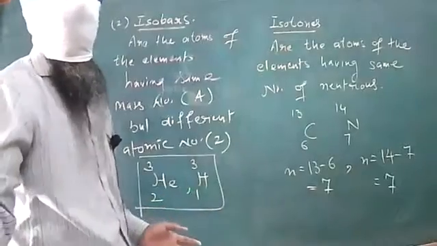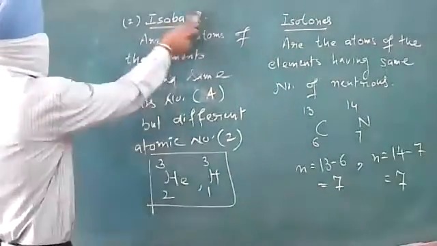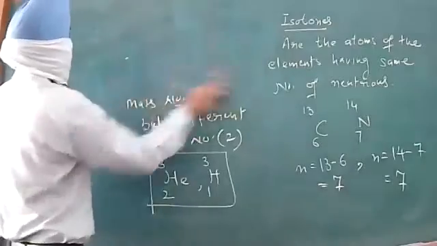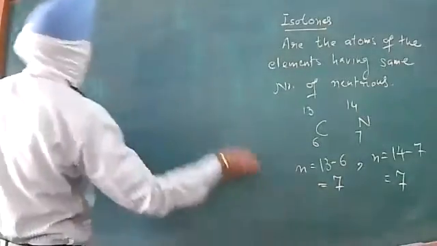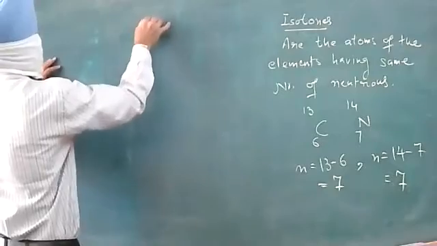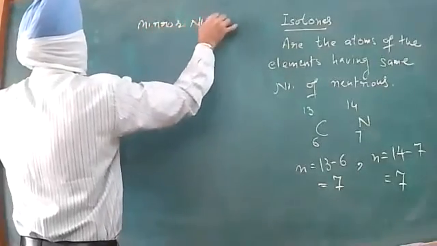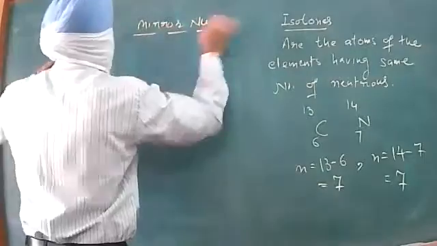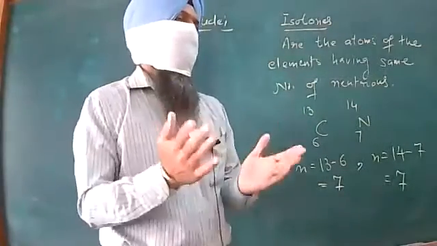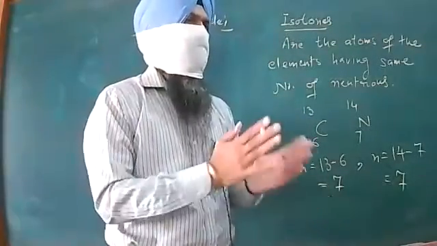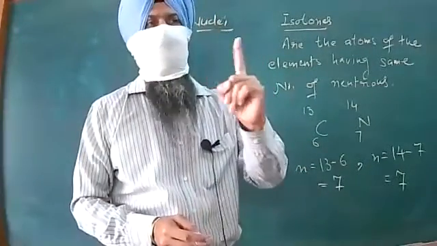Now, after isotones, we have a very important point, that is mirror nuclei. This is sometimes asked in the examination as such, what do we mean by mirror nuclei? Mirror nuclei have the same A, the mass number is the same, but their atomic number differs by 1 unit.